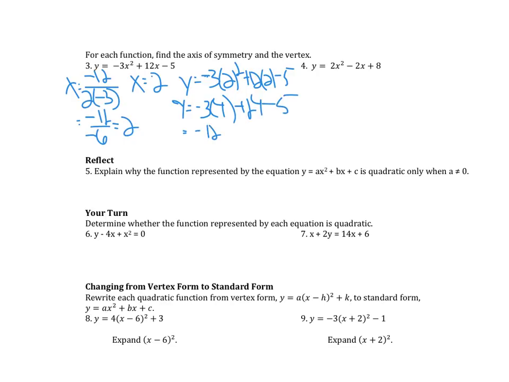This gives us a negative 12 plus 24 minus 5. That was a 24, not a 25. So then all said and done, we get y equals 7. So then our vertex for this one would be 2, 7.